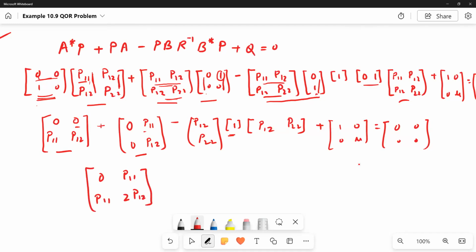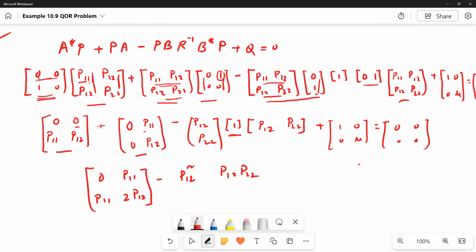So calculation is not complicated, but it's slightly lengthy and you have to figure it out carefully. So now you have to multiply this one. Okay, so we can just omit the 1 value because it will keep the same magnitude. So P11 and P12 will be multiplied. So P12 square, then you'll have P12, P22.